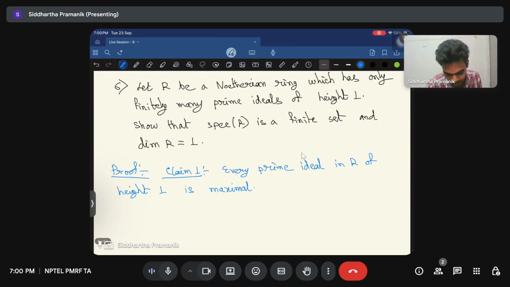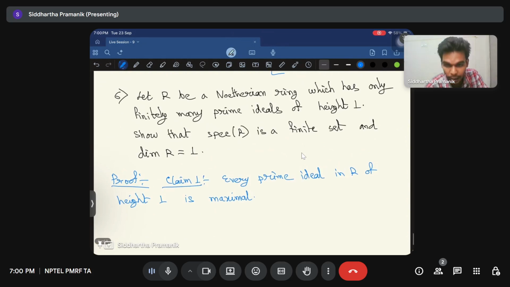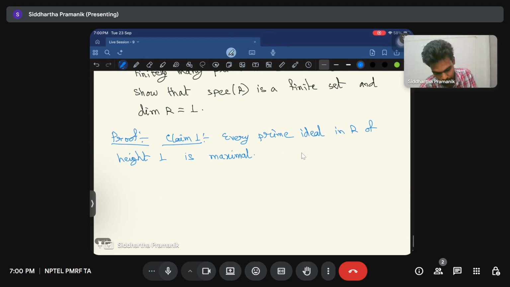So we will prove that if we take a prime ideal P of height 1, then it has to be a maximal ideal. So this is our first claim. Okay, so this is claim 1.